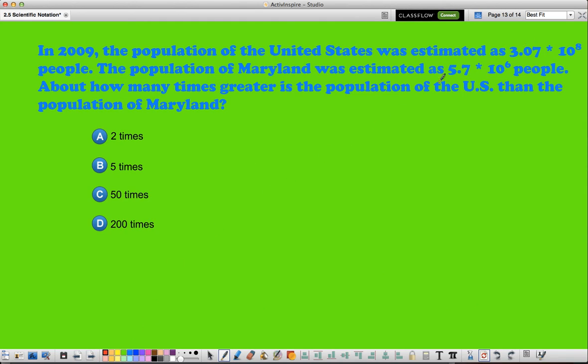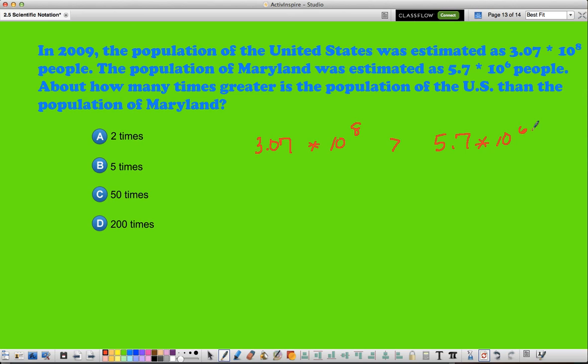Okay, now here, this is a little different. So here I have these two populations and I want to compare them. Well, looking at this, I know that 3 and 7/100 times 10 to the 8th is larger than 5 and 7/10 times 10 to the 6th.